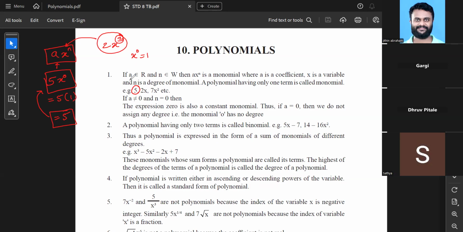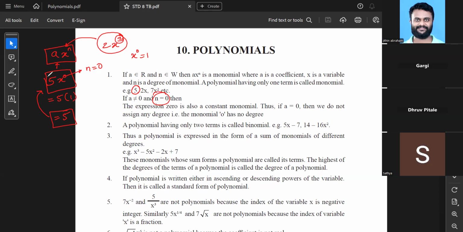So I believe point 1 is clear: what is a monomial? Here the condition is n can be equal to 0. Yes, it is possible that n can be equal to 0. It's not a problem.